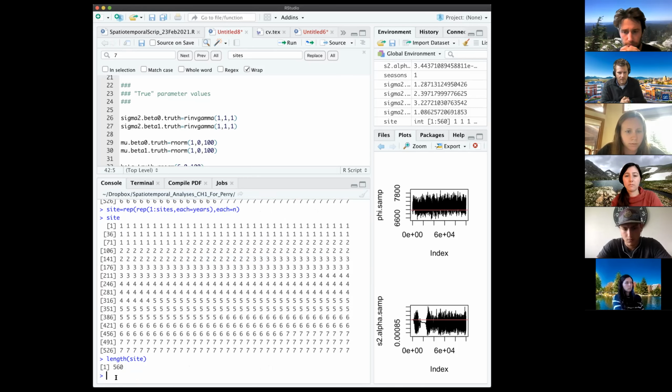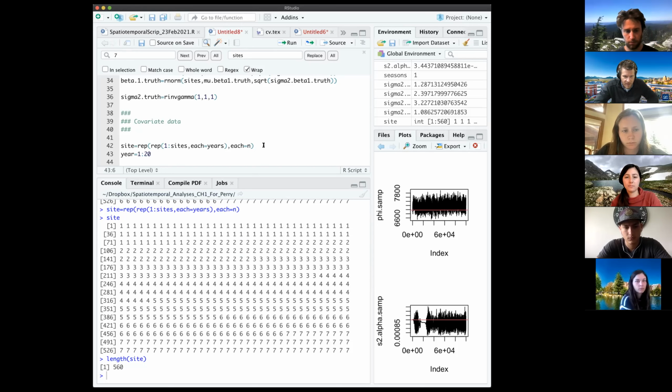Now year. Within 1 year, we have 4 observations at each site. So we're going to have to repeat 1 to 20 a bunch of times. How many times?